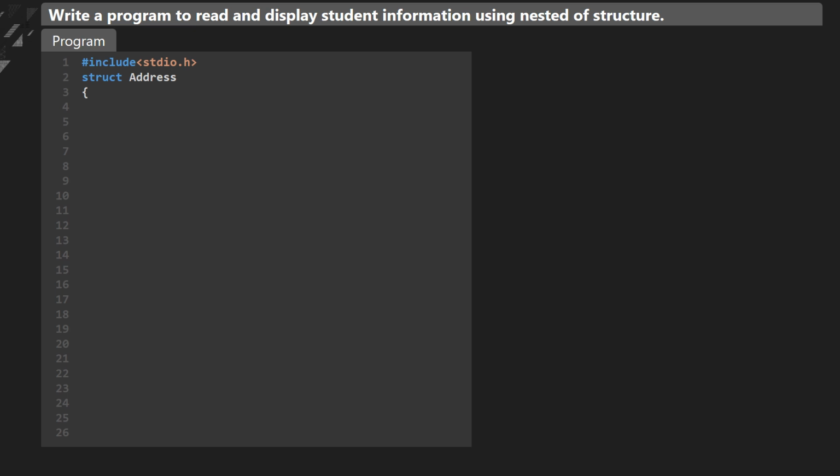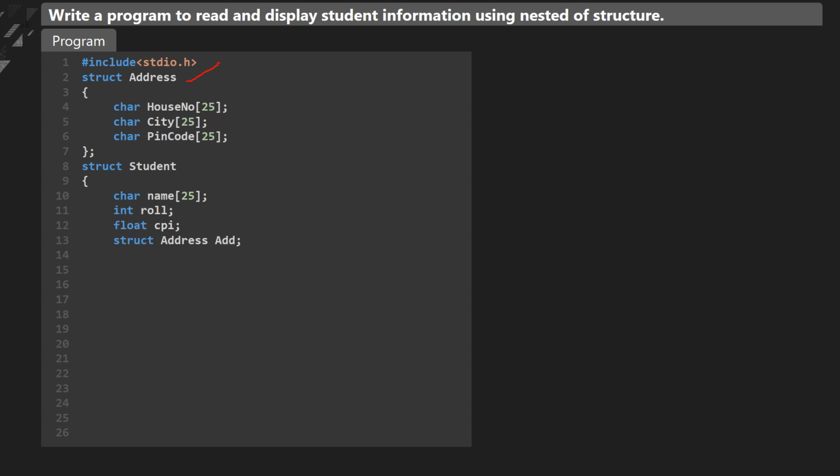First you have to create the address of the student, that is, a struct named address. It has house number, city and pin code. Then you create the student with name, roll number and CPI, and create an instance of address inside it, that is, struct address add.